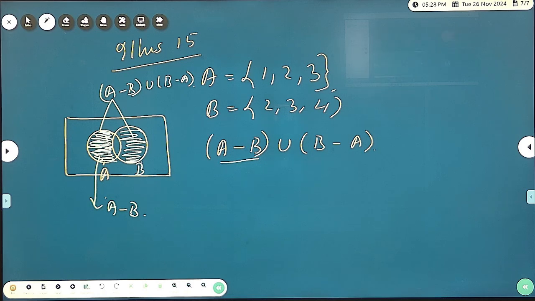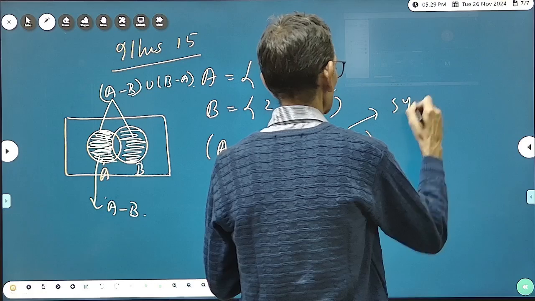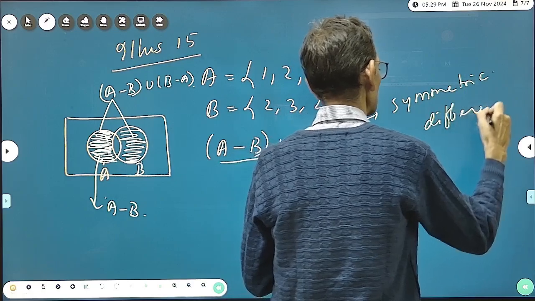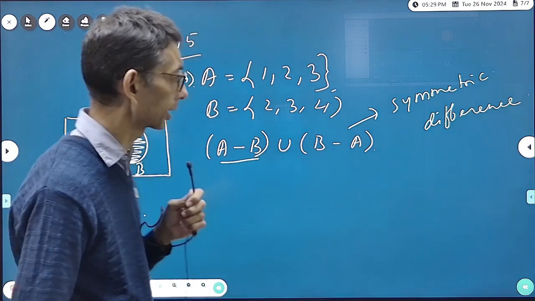This is called symmetric difference of two sets. It may be in the Venn diagram mode; if not, just write it down. This is called symmetric difference.